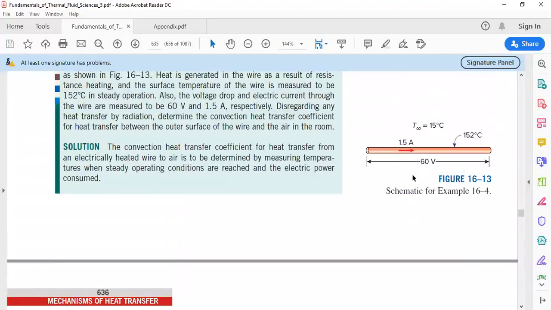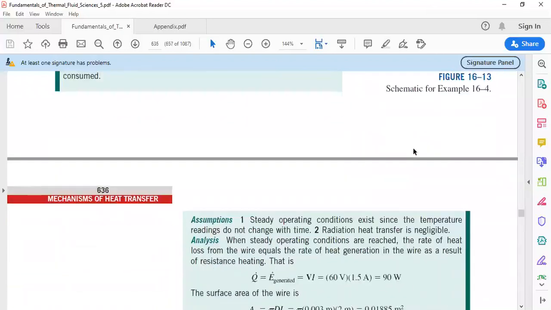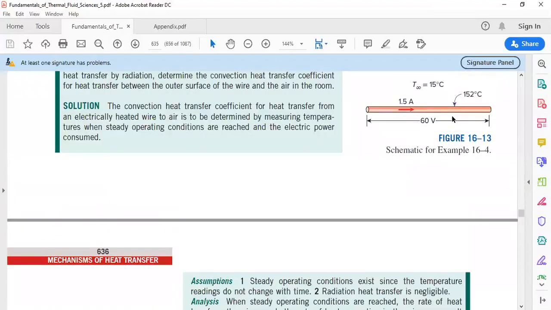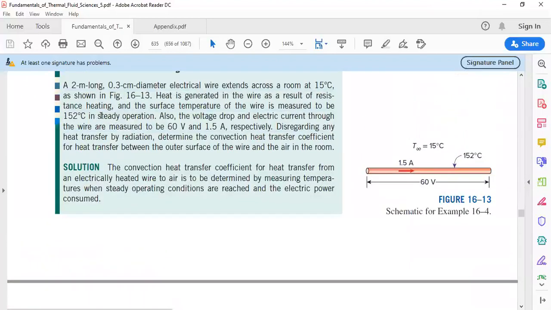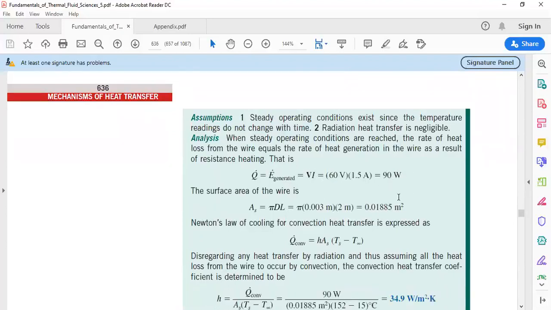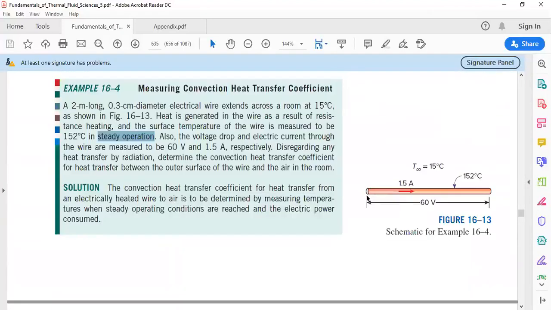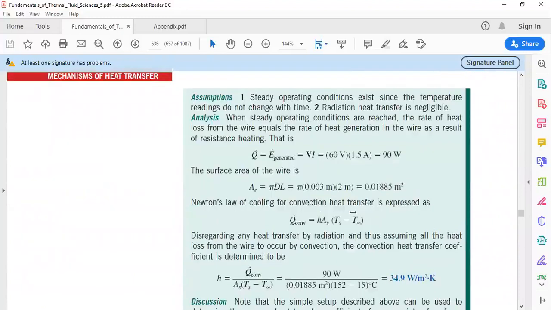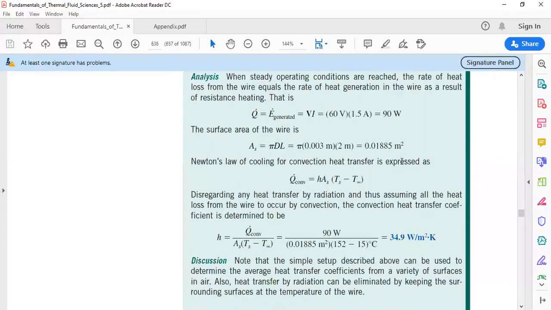First, in order to calculate the heat rate, it's equal, according to the energy balance at steady operation, to the electrical energy generated in the wire. That's the voltage times the current, which gives us 90 watts. The surface area is pi D L, disregarding the ends, and it equals this value.